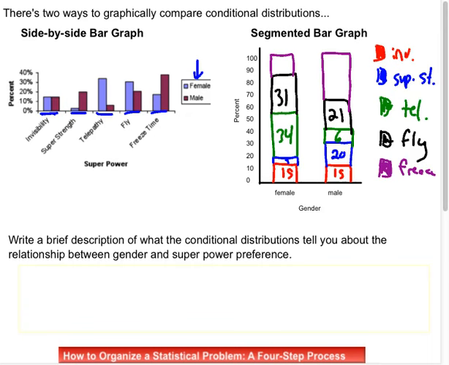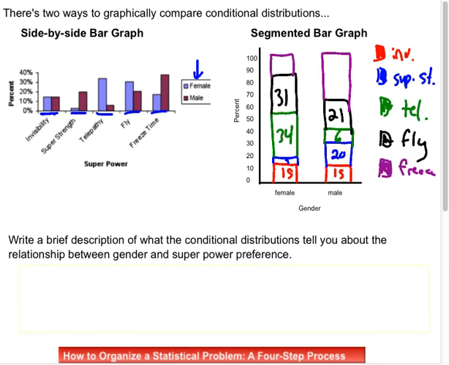That's how you know you've done it right, when you're making a segmented bar graph, when they stack on top, they should add up to 100. So again, two different ways you can represent graphically the information that you just found in your conditional distribution.